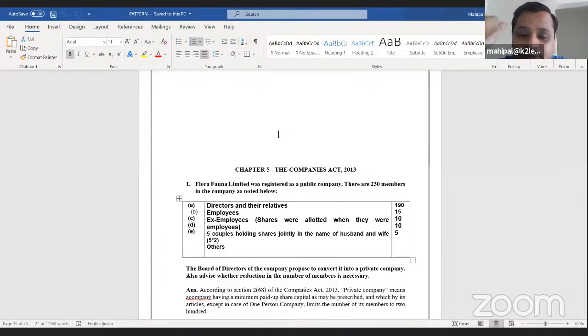When it can be called and when it cannot be called. Number two, types of companies. Number three, holding and subsidiary. Number four, difference between MOA and AOA.